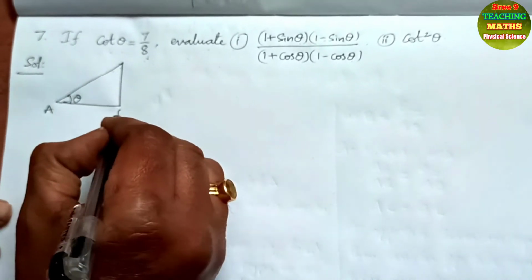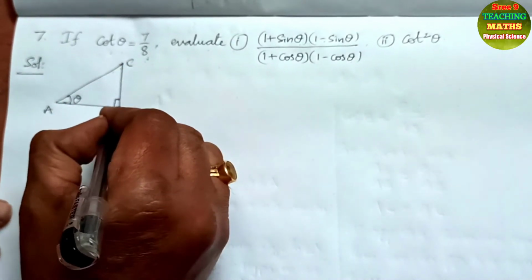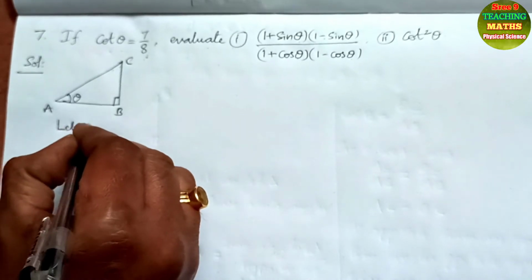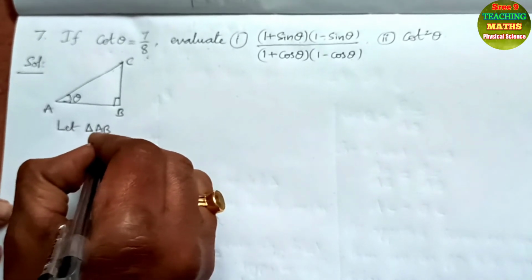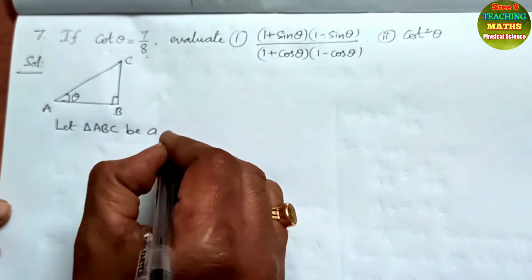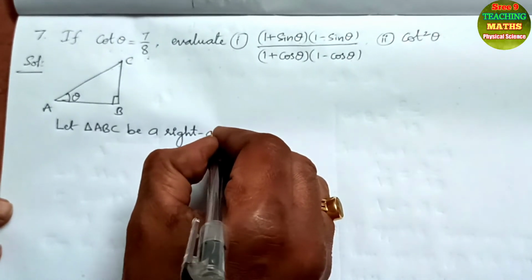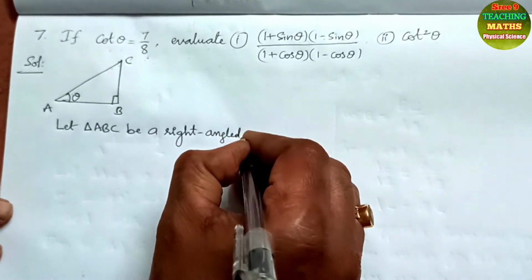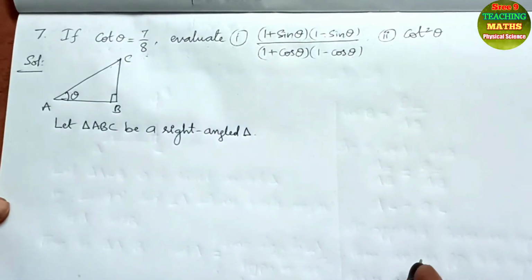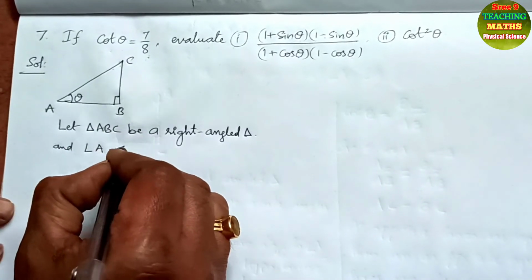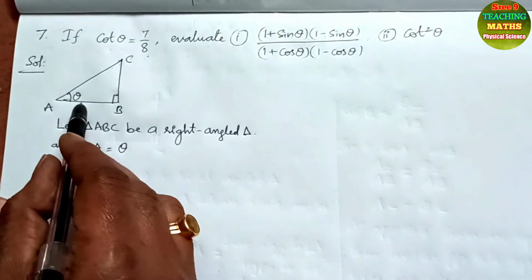So let triangle ABC be a right angled triangle, and let angle A be equal to theta, because theta is given.